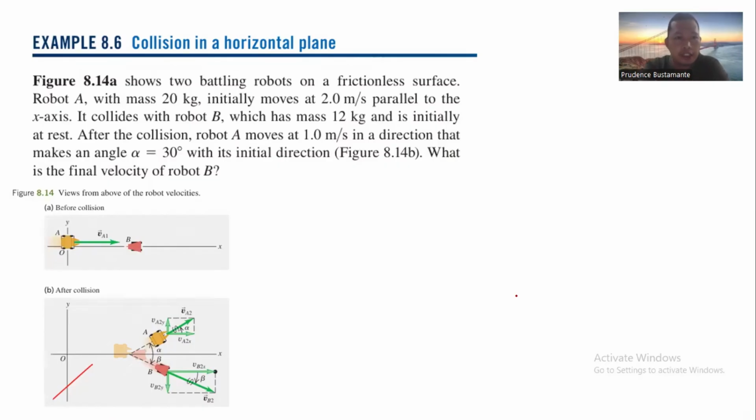Robot A, with mass 20 kilograms, initially moves at 2.0 meters per second, parallel to the x axis. It collides with Robot B, which is 12 kilograms and initially at rest. After the collision, robot A moves at 1.0 meters per second in a direction that makes an angle of 30 degrees with its initial direction. What is the final velocity of robot B?